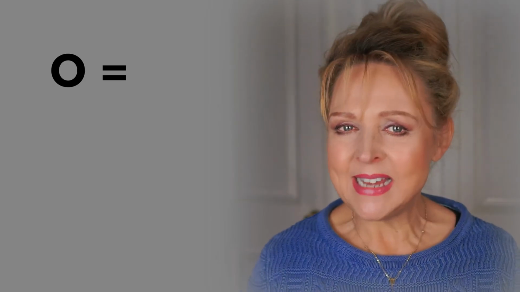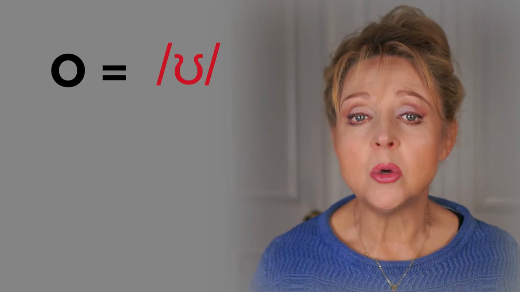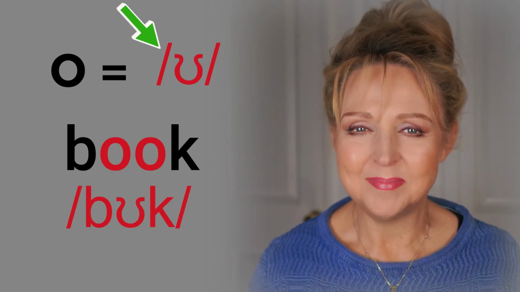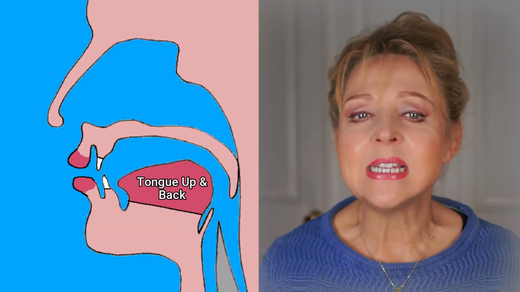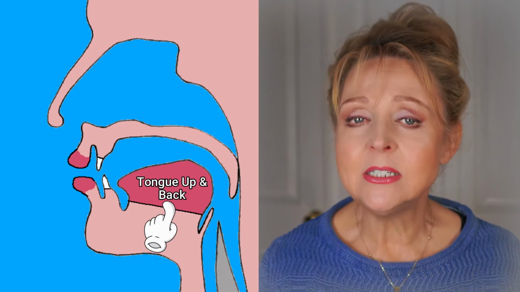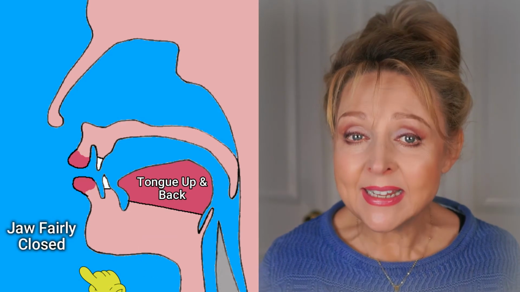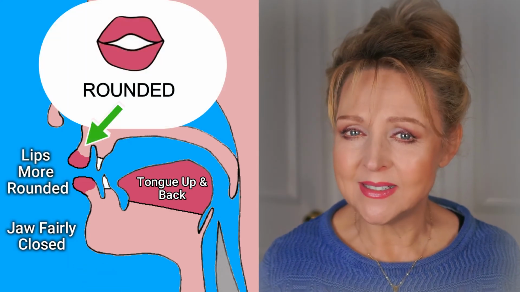Now, the next one is when the letter O is pronounced as U, as in the word book. Let me show you how to make the U sound. The tongue should be high and towards the back of your mouth. The jaw fairly closed and the lips rounded and fairly forward, like this.